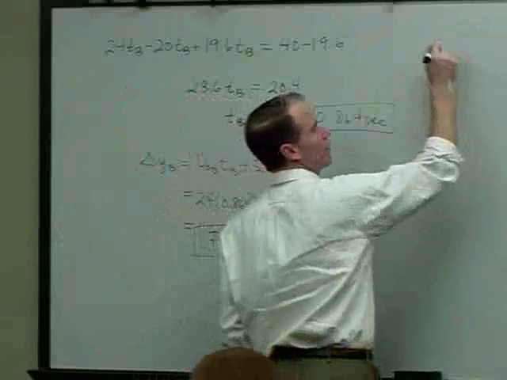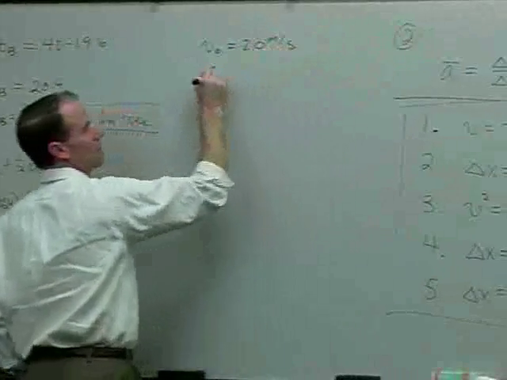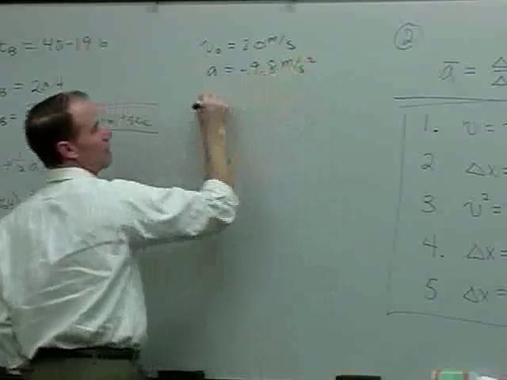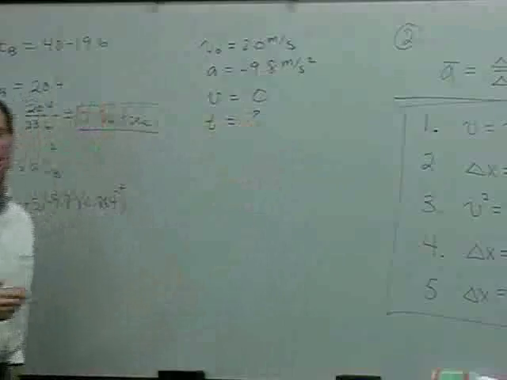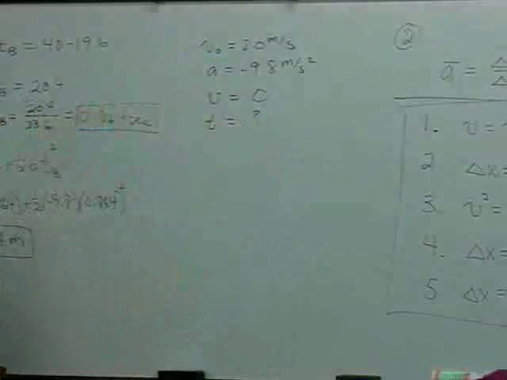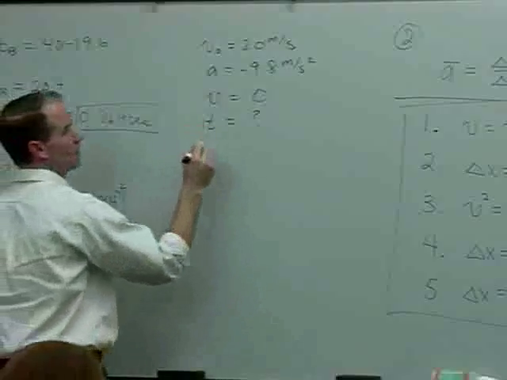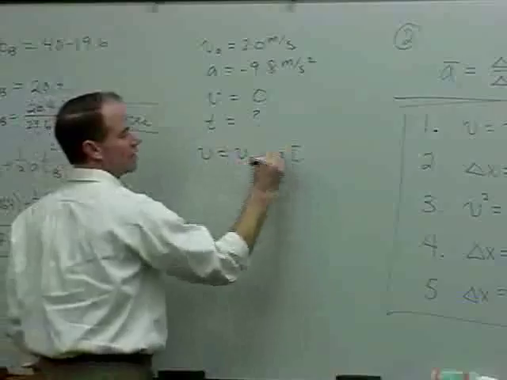So my initial velocity will be 20, my acceleration will be a negative 9.8, and my final velocity will be 0. What's my time? Well, velocity equals initial velocity plus acceleration times time.